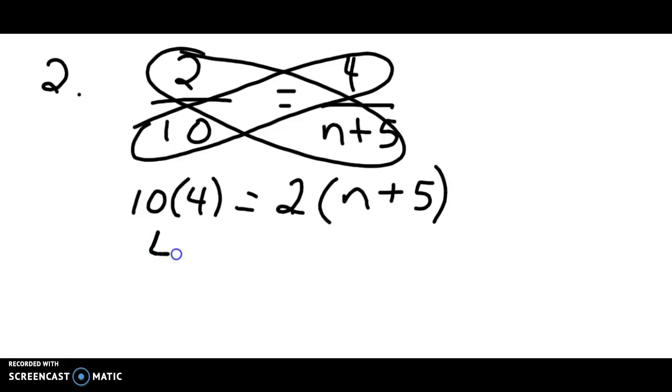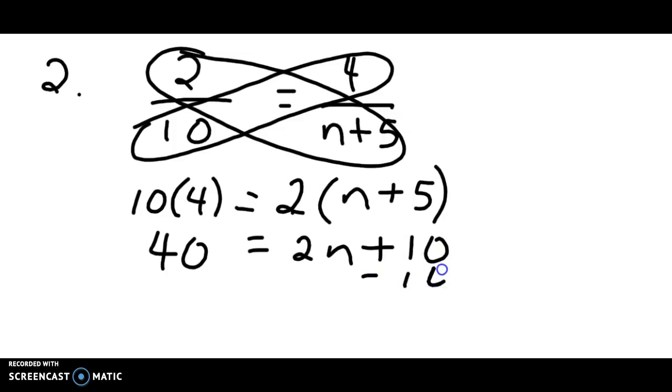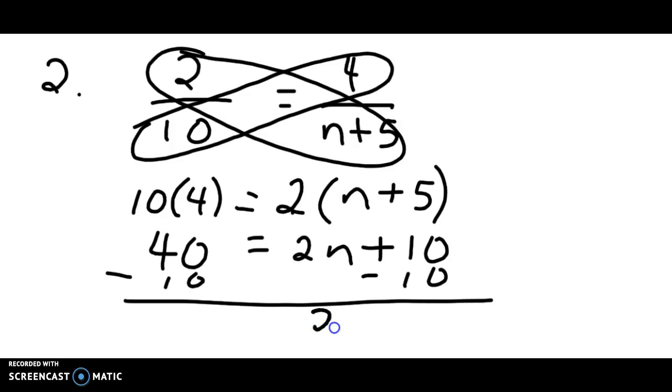So 10 times 4 is 40, equals 2n, and distribute the 2, times 5 is 10. We're going to solve for n, so you're going to subtract 10. 2n equals 30. Divide by 2 on both sides, and n equals 15.